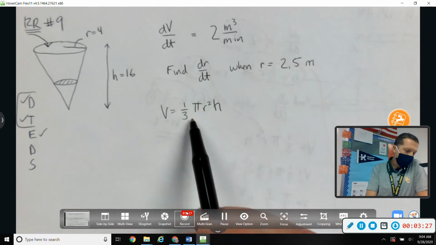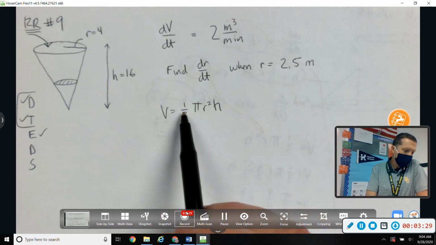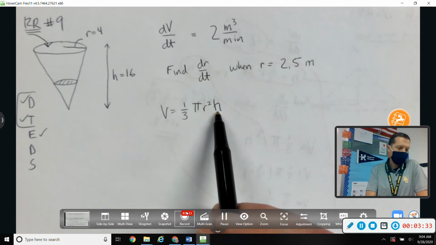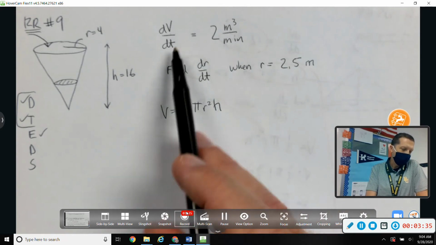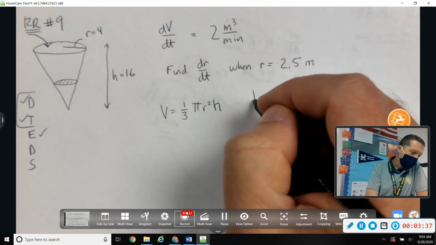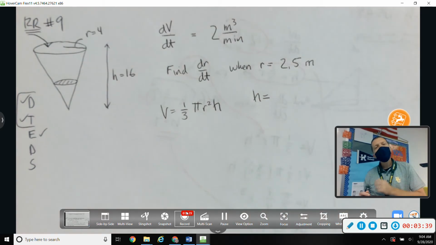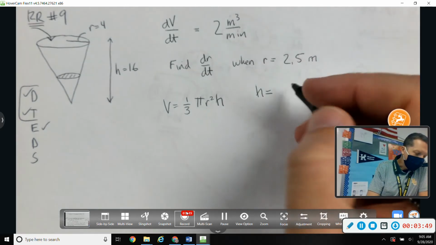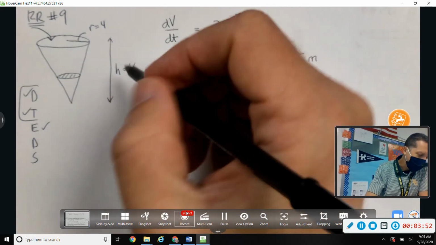It would be nice if I could somehow get rid of the r or the h. Really, I'd like to get rid of the h, because all my problem information is in r. So if there was something we knew about h that we could replace the h, it would sure make our life a little easier. Be careful with that.